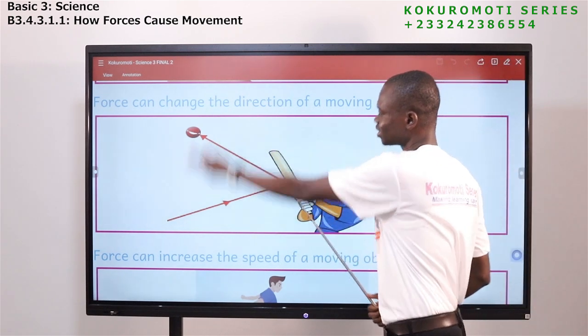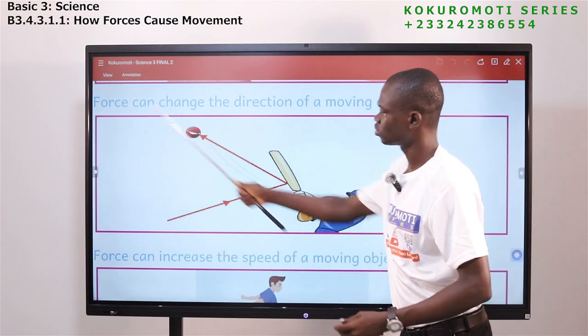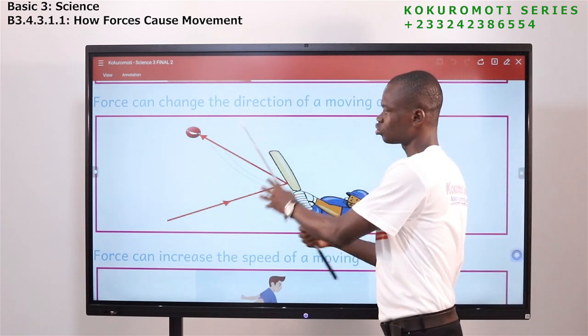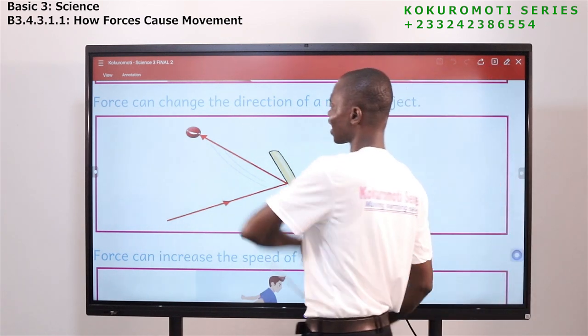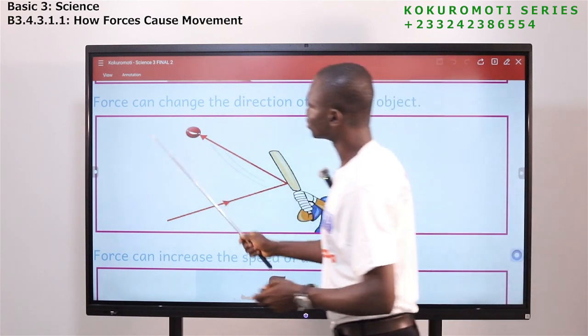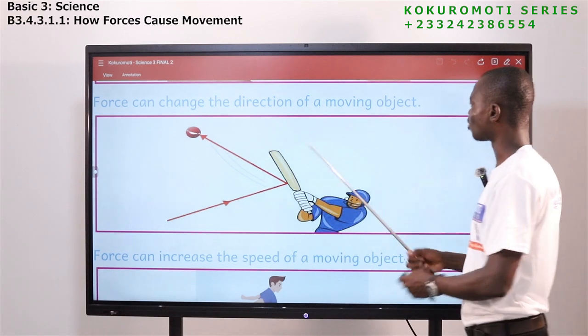So the bat has changed the direction of it. Now the ball, instead of going to this side, is going to the opposite side, which means that the force used to hit the ball has changed the direction of the ball. So we are saying that force can change the direction of a moving object.